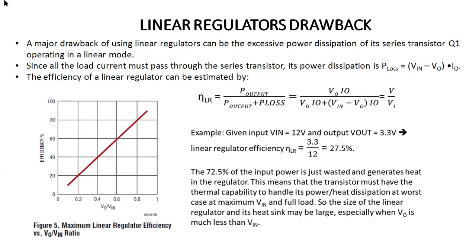A major drawback of using the linear voltage regulator can be excessive power dissipation, because if you see the circuit diagram, we are using a transistor which will operate in linear mode, because we are supposed to increase the voltage. That voltage will be linear, that will be constant, but that will be linear.